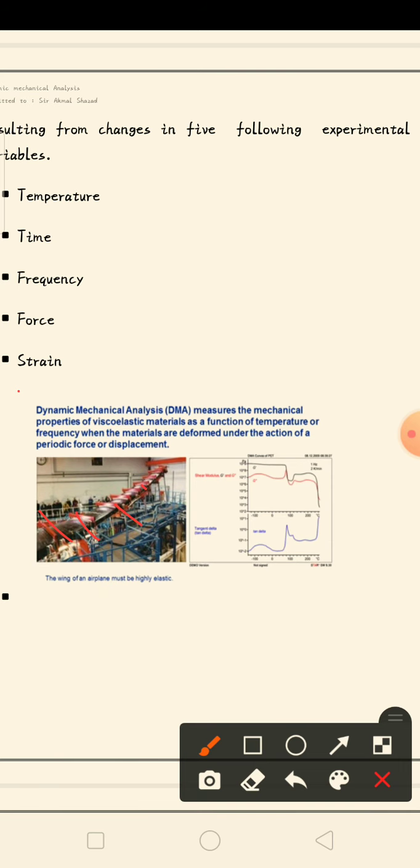However, large scale tests of this nature are very time consuming and expensive. Most modern constructional components are in fact subject to a wide range of stresses at different frequencies. A dynamic mechanical instrument measures the mechanical properties of viscoelastic materials and measures modulus values.